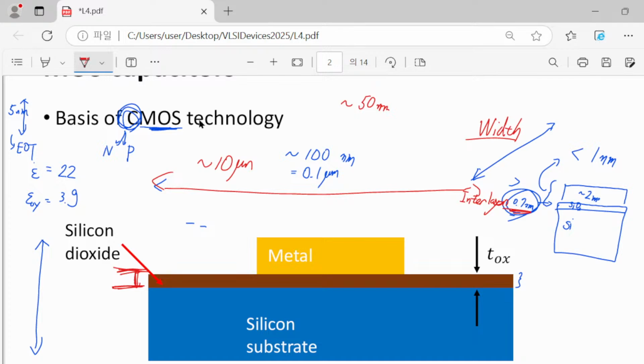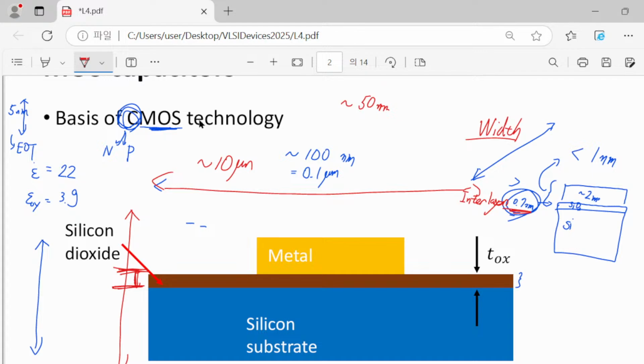Okay, so I think that today we are talking about MOS system. MOS means that this vertical structure along this direction, so depth direction. So we will only consider this oxide thickness. But later, if we expand our scope to the transistor itself, then we have to consider also length scale and width scale.